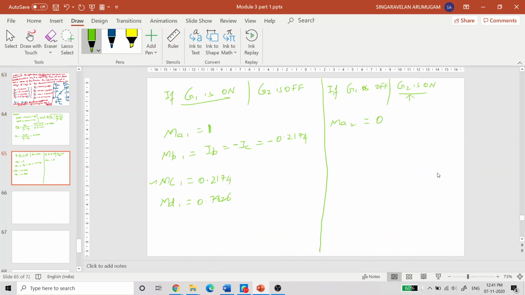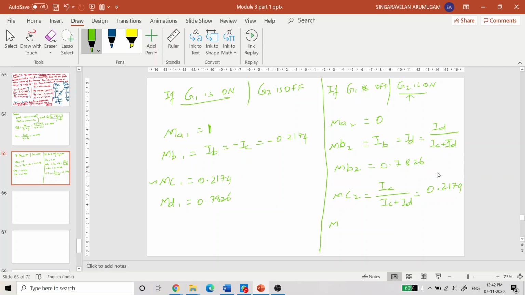Then MB2 is equal to IB is equal to ID divided by IC plus ID, because this is the total current, this is the ID current, and we already found that value, that is 0.7826. So MB2 value is this, and then MC2 is equal to IC divided by IC plus ID. This we also already found, that is 0.2174.